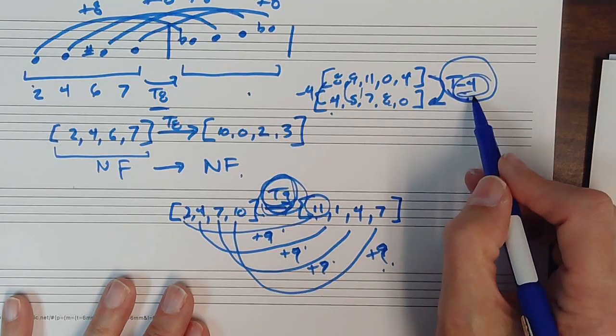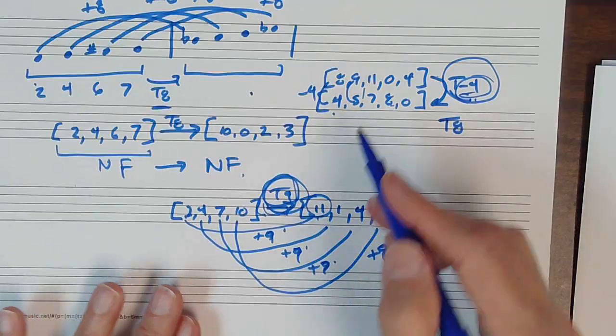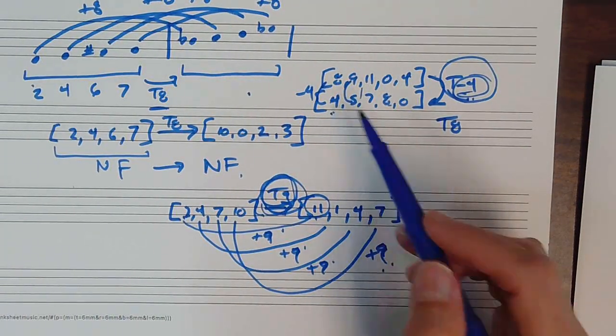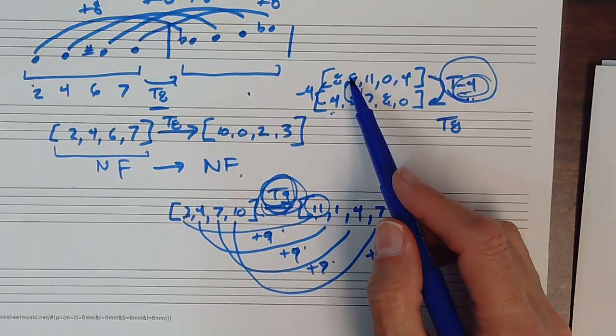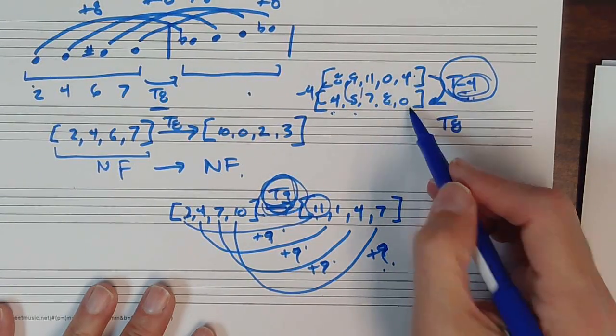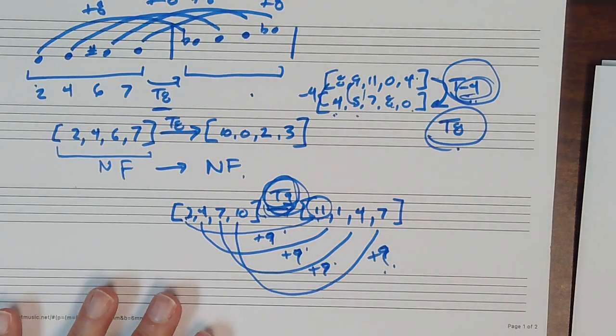So we have to take this 4 and put it in mod 12, so this is T8. 8 plus 8 is 16, mod 12 is 4. 9 plus 8 is 17, mod 12 is 5. So from the first set to the second set, the transposition level is T8.